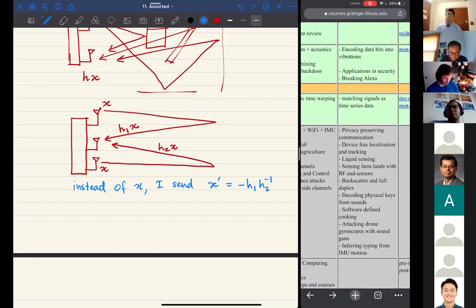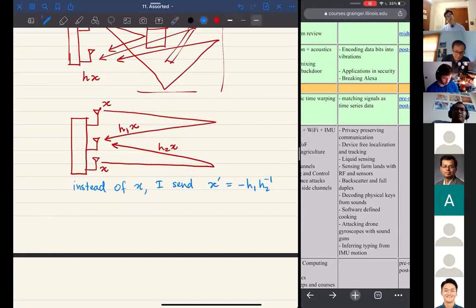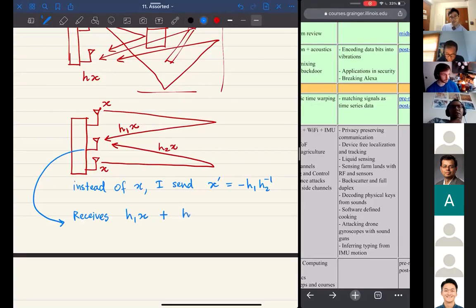Now, when this signal arrives back over here, and this signal arrives back over here, what should this antenna receive? Can someone tell me? This antenna receives H1X plus what? Plus H2 of minus H1 H2 inverse.